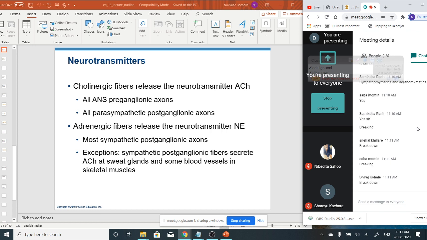The agent which causes breaking, what we call it as a, we call it as a lytic. Okay, very good. So what do you mean by adrenolytic or cholinolytic?